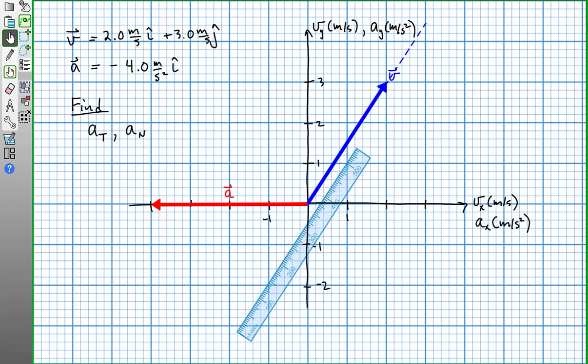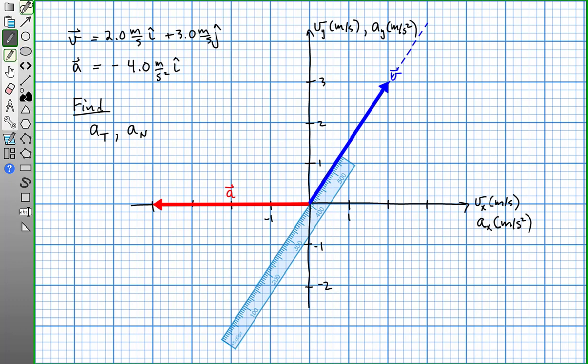Let's continue this to the other side of the velocity so we can have a good perspective of the line on which velocity lies. There we go. Now that we have the line on which the velocity lies, we're better able to see the relationship between the normal and tangential components of acceleration.